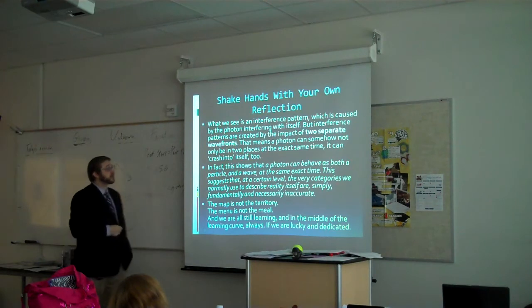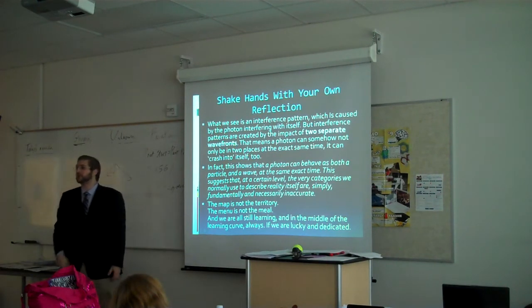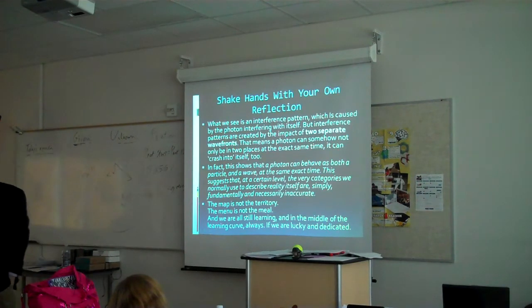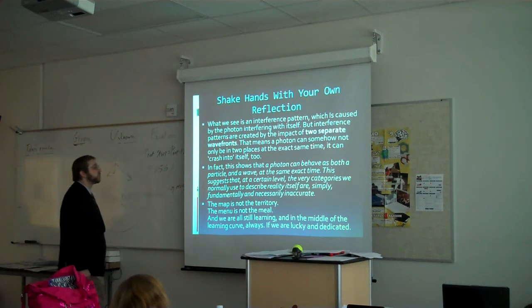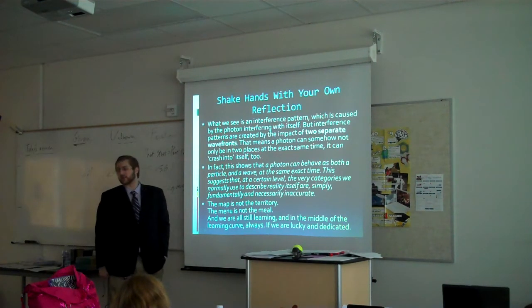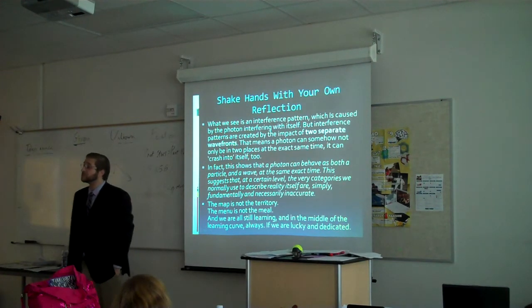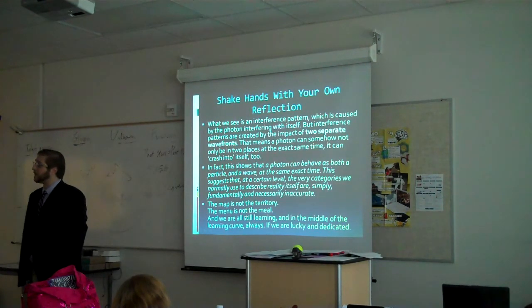Now what we see is an interference pattern. And an interference pattern is only ever created by two or more wave fronts. That means that a photon can somehow not only be in two places at the exact same time, it can actually crash into itself and change its own behavior.